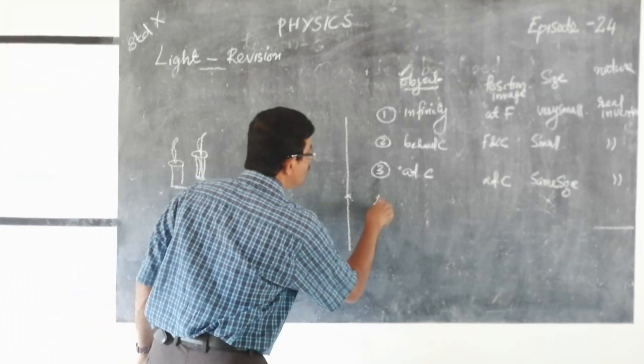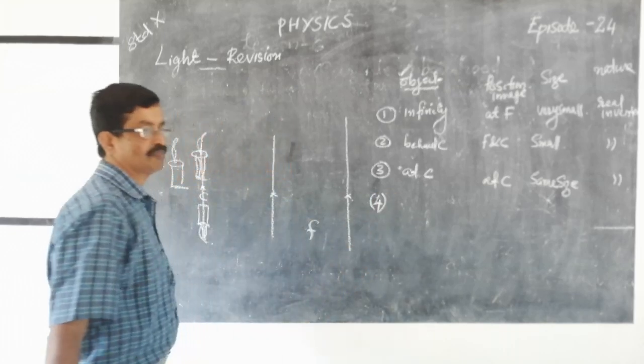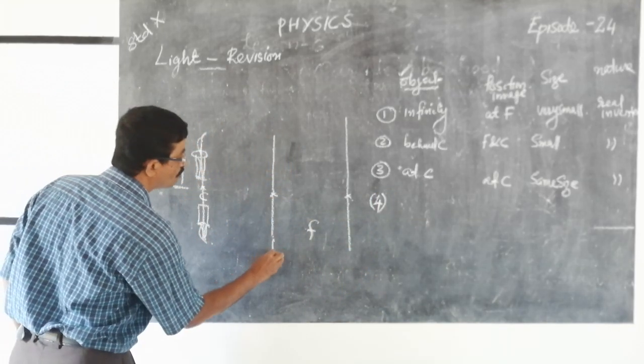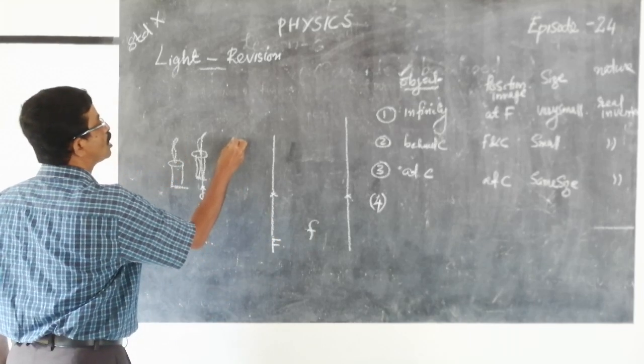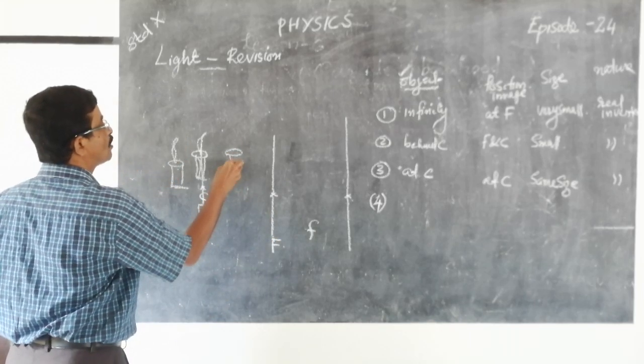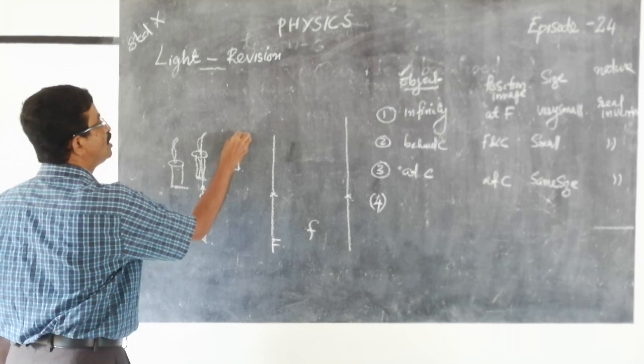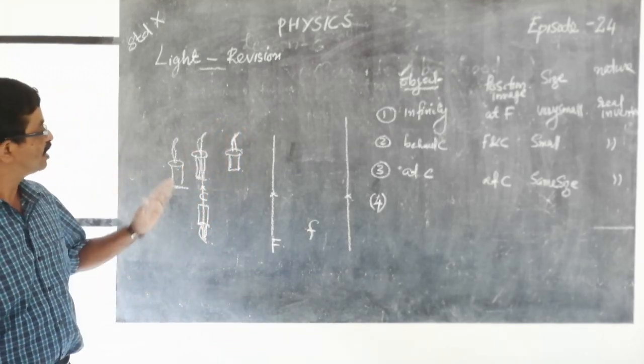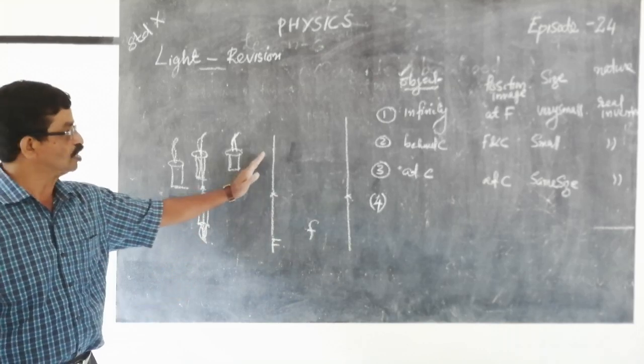Now, fourth, again you do this activity. Place the object in between C and F. Now the lighted candle is placed in between C and F. Where do we get the image now?